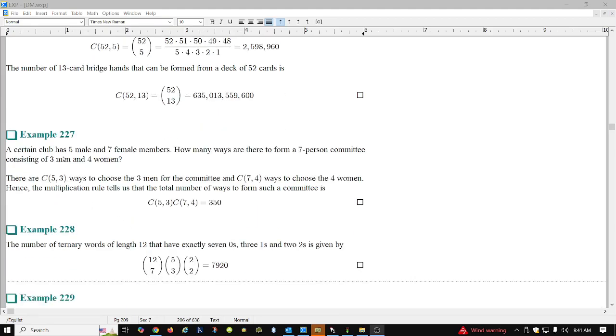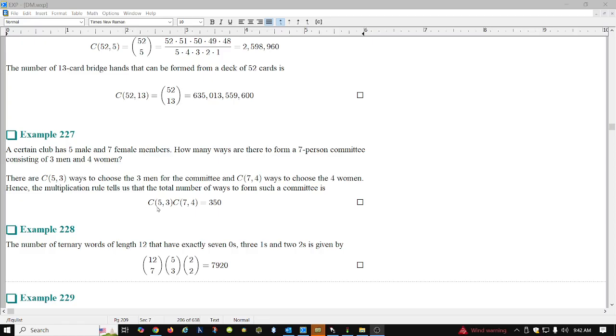A certain club has 5 male and 7 female members. How many ways are there to form a 7-person committee consisting of 3 men and 4 women? Okay, this is a typical counting problem involving combinations.